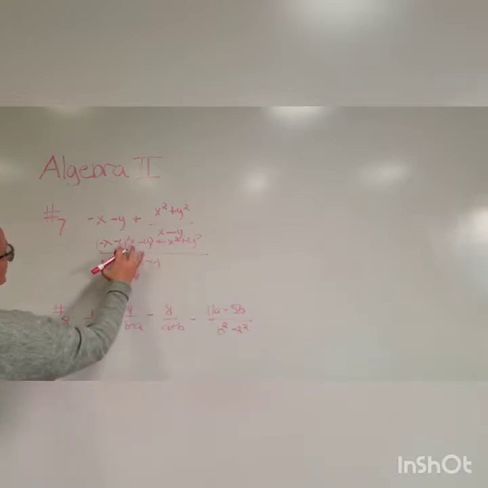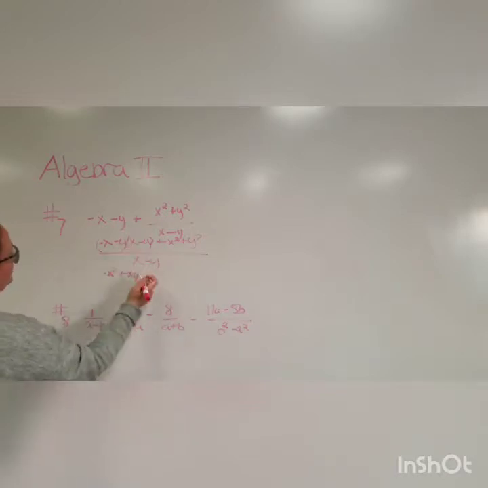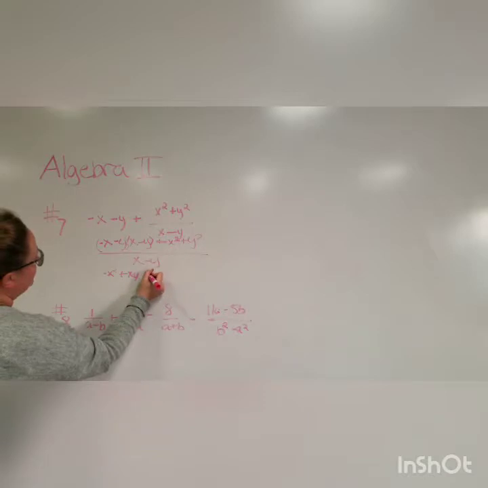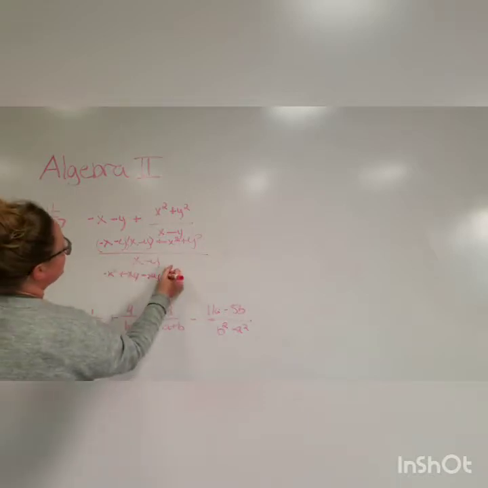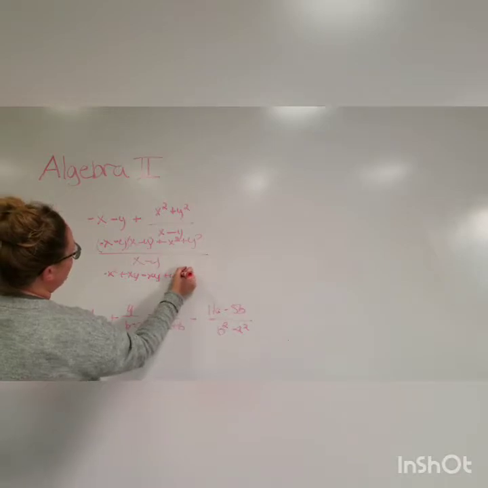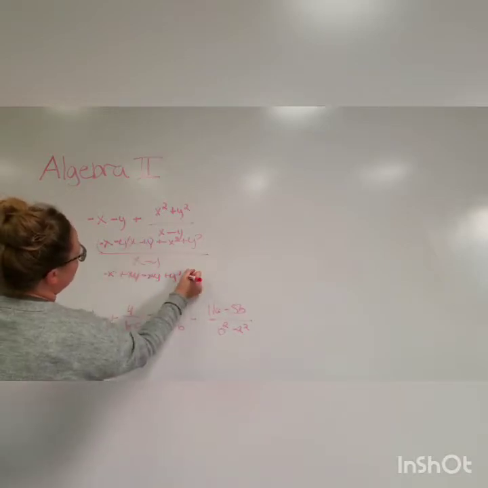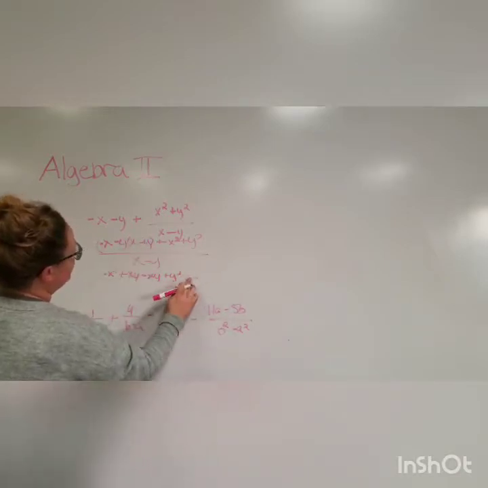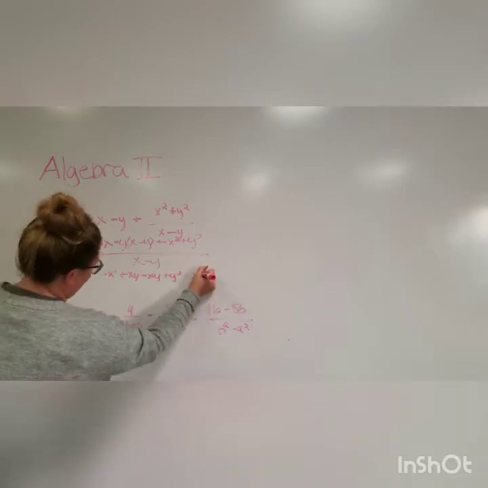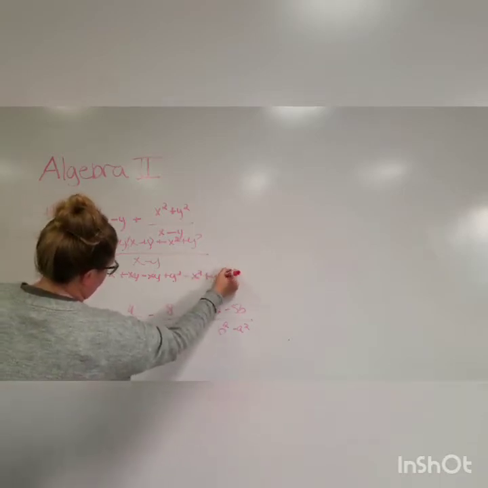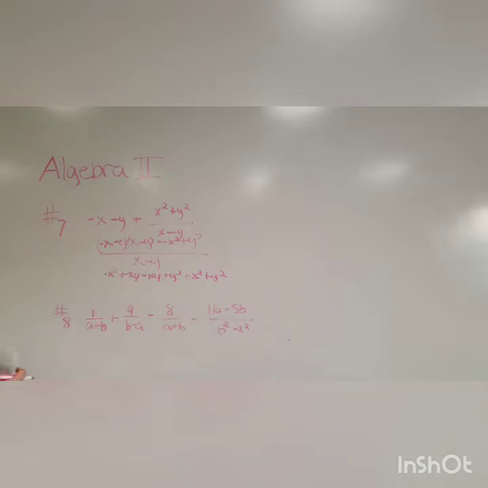All right, inner is a negative y times x, so negative xy. All right, and then outer is plus y squared. I have to multiply these, plus x squared, plus y squared. All right, now we got to combine like terms.